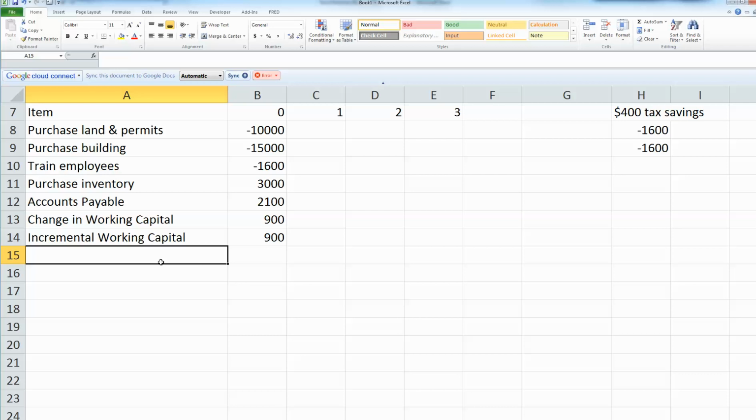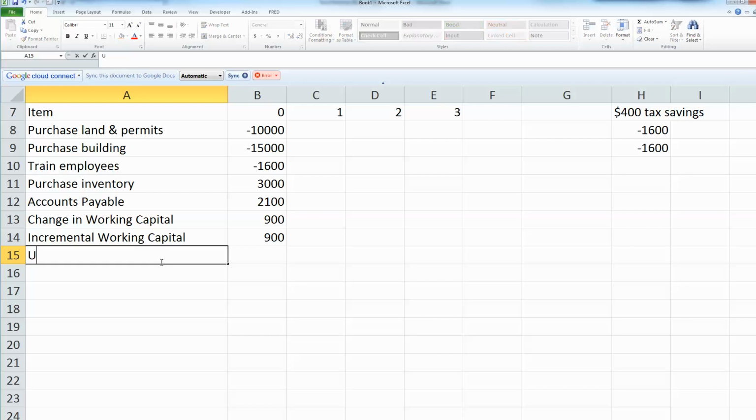So now it's time to start my operating cash flows. If you look in the section called Operations, you can see that I expect to sell 75 items a day at an average price of $3.50 each.